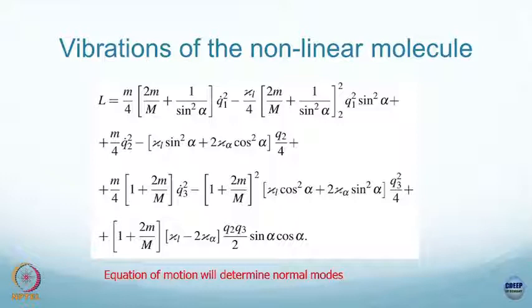And similarly for q2 also you will have a piece which depends on kappa L, but you will also have a kappa alpha and so on. So, you have this. What do you do next? Given a Lagrangian, you try to find the equations of motion for q1, q2 and q3. This is what you will do, right.